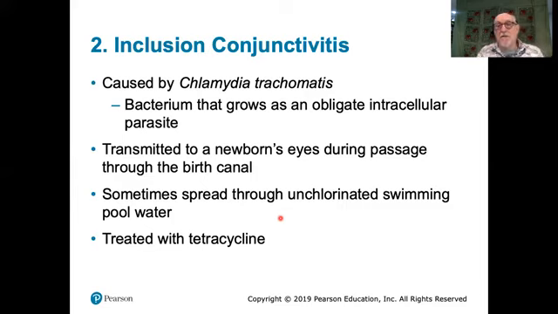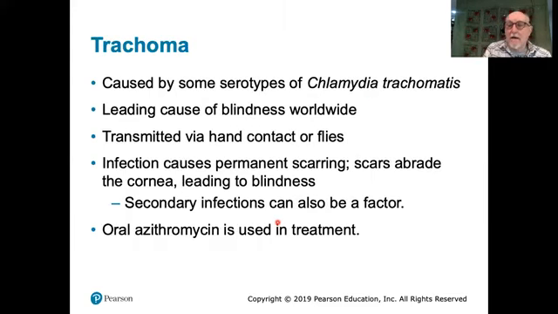And in addition, not in the United States, but in other parts of the world, it causes one of the commonest causes of blindness worldwide. And this is a condition called trachoma. Not all strains of chlamydia do this, but in tropical areas, there is a strain of Chlamydia trachomatis which can be transmitted by flies. Flies land on the eyes and transmit to the host.